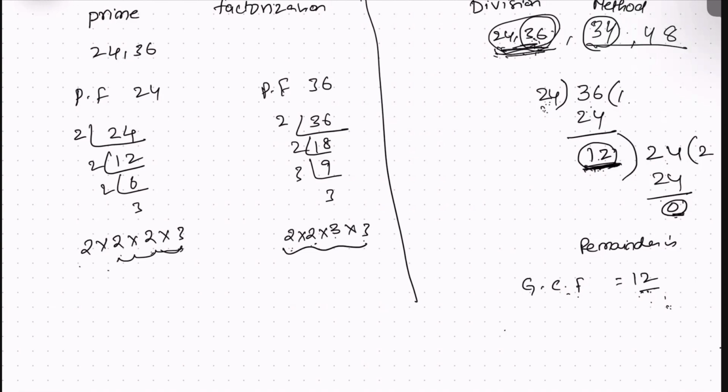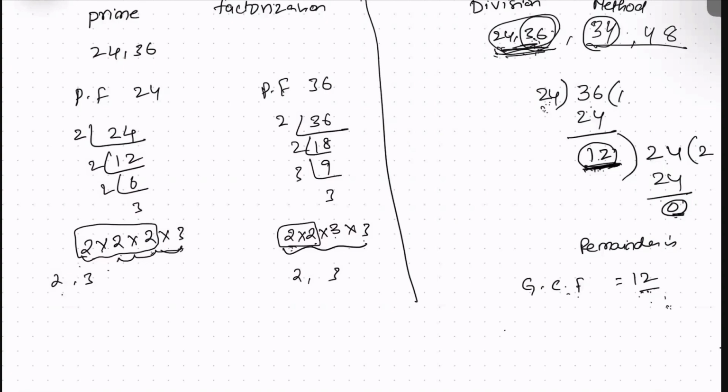Now the trick from here is to get the GCF. For each prime factor in this prime factorization, let us see the number of its occurrences. What are the distinct prime factors? You have 2 and 3 here, and you have 2 and 3 there.